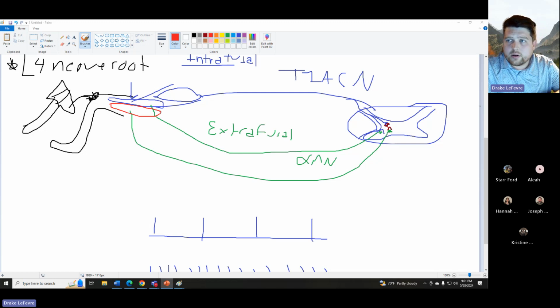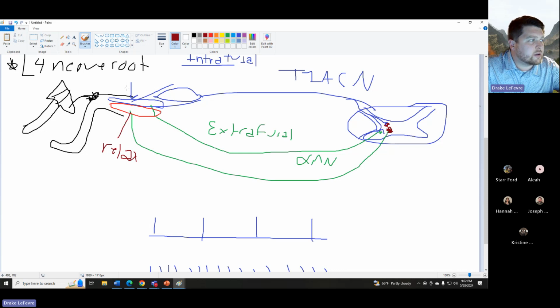This interneuron blocks any other signals from traveling down the hamstring alpha motor neuron and forces this whole muscle to relax.